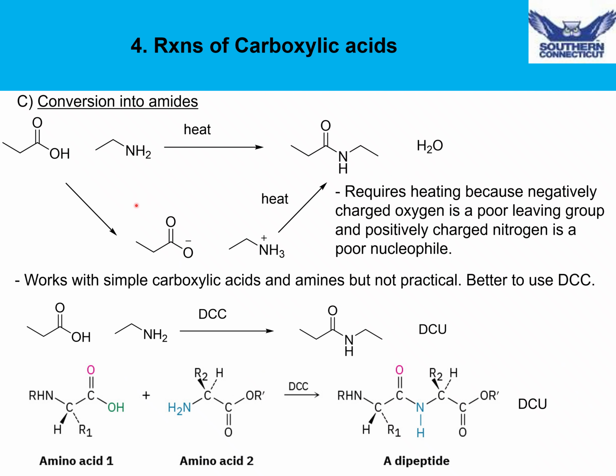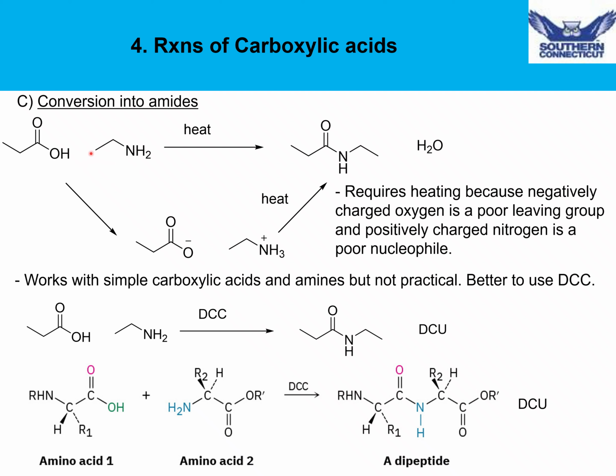Carboxylic acids can be converted into amides, sometimes simply by heating a carboxylic acid with the appropriate amine. For example, ethylamine, as shown here, can be mixed with propanoic acid and heated to be converted into this amide. A water byproduct will also result.